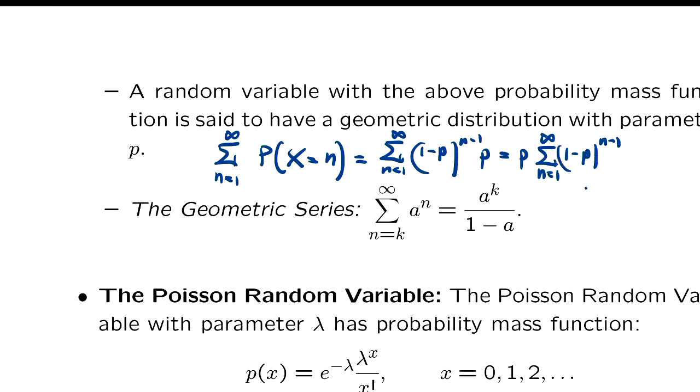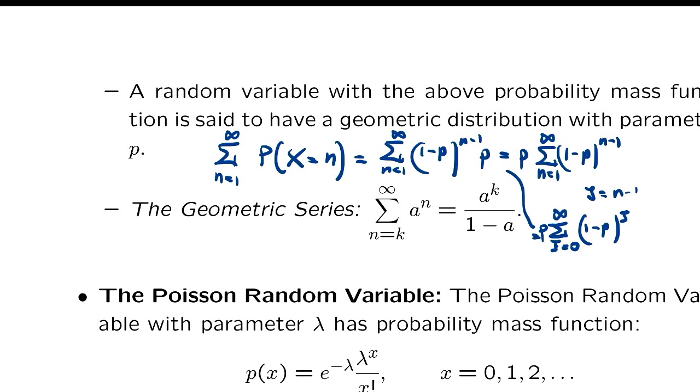Change of variable, j is equal to n minus 1. This becomes p times the sum, j going from 0 to infinity, of (1 minus p) to the power j. I just applied the same change of variable.